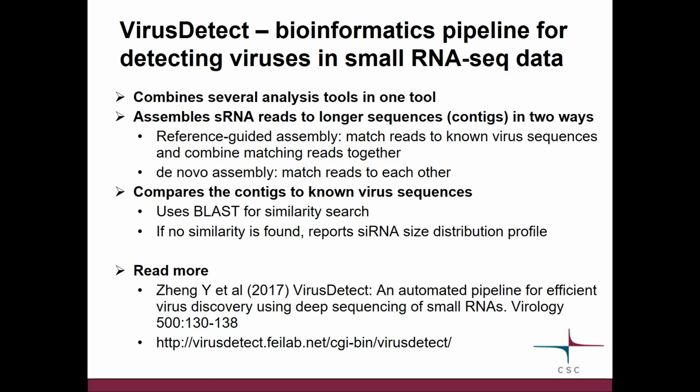They are matched to each other, and the contigs are built from that. So essentially that's like doing a puzzle without the actual model picture. Now, once the contigs are available, then we go and compare them to known virus sequences using BLAST.